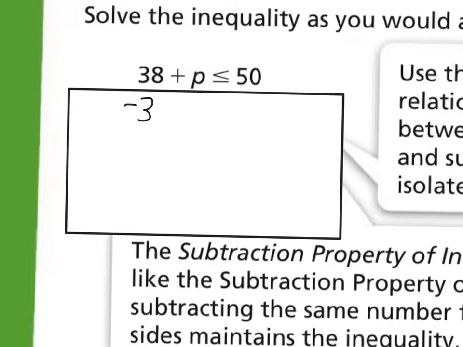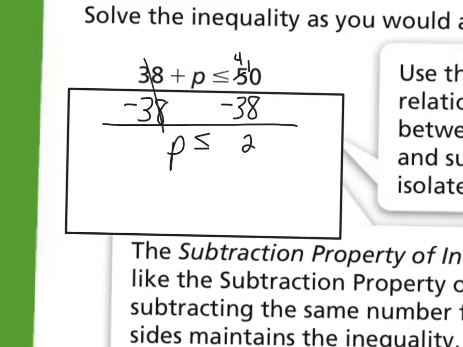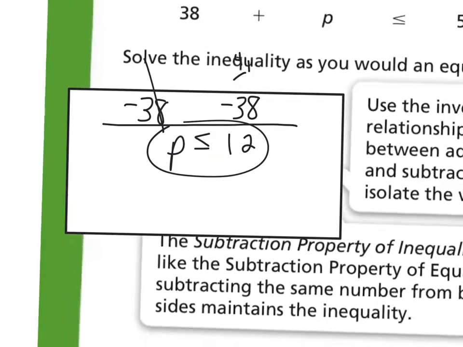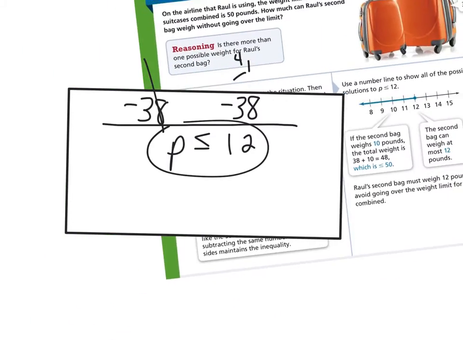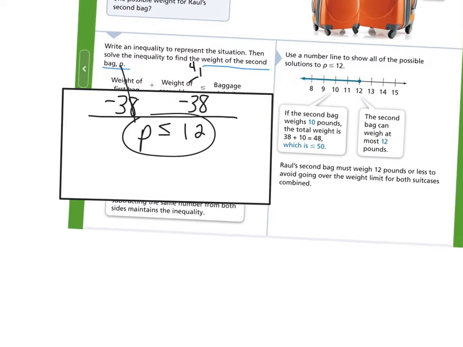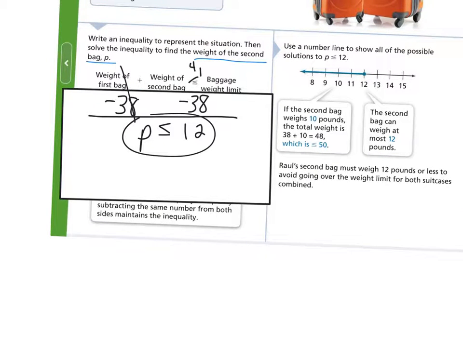That means we need to subtract 38. We're going to subtract 38 on both sides of our inequality to keep it balanced. And then when you subtract that, you'll get 12. So P is less than or equal to 12 pounds, which means, like the book's showing, it has to be 12 pounds or less.